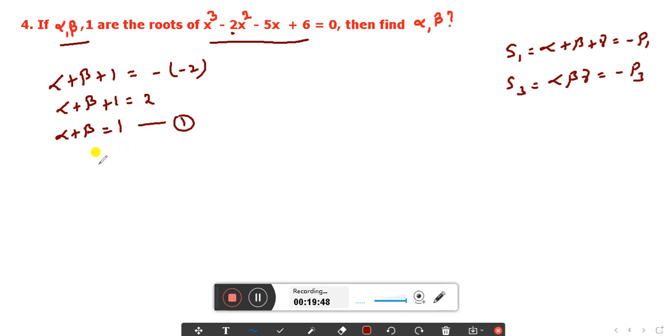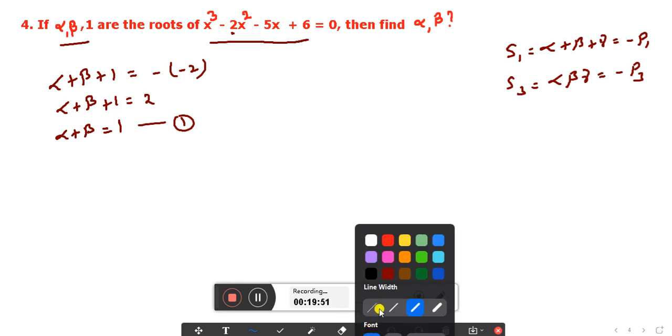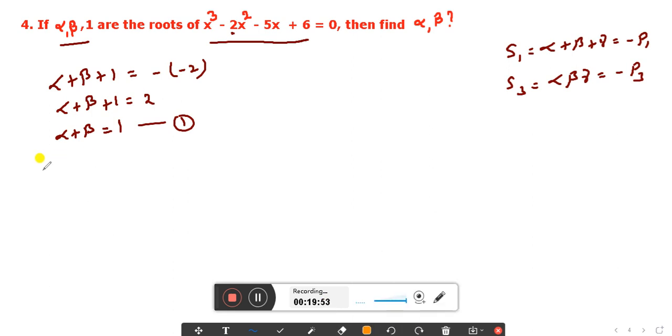And next, the product of the roots I am taking here. Alpha into beta into 1 equals to minus of P3. P3 is 6 here. So alpha into beta equals to minus 6. This is the second equation.